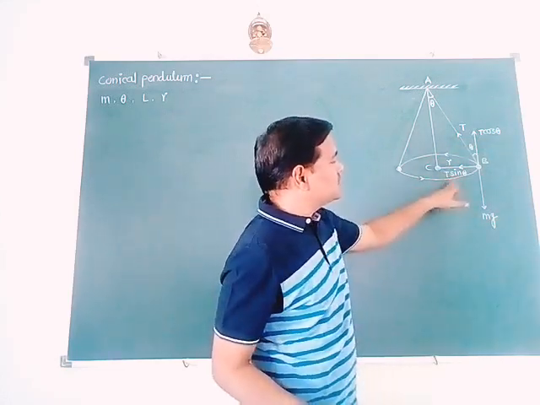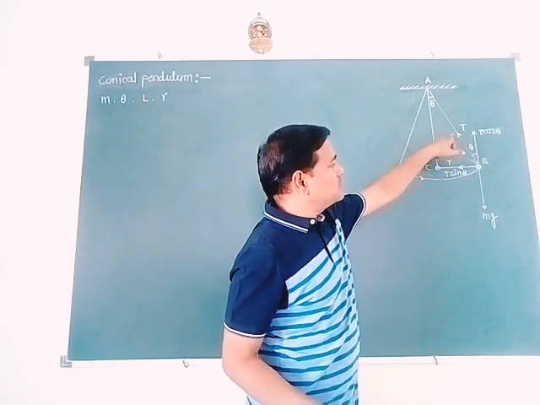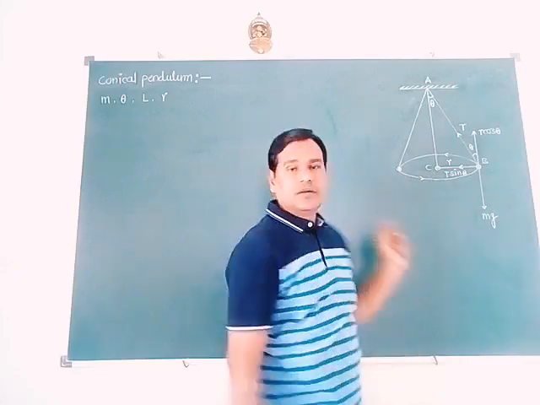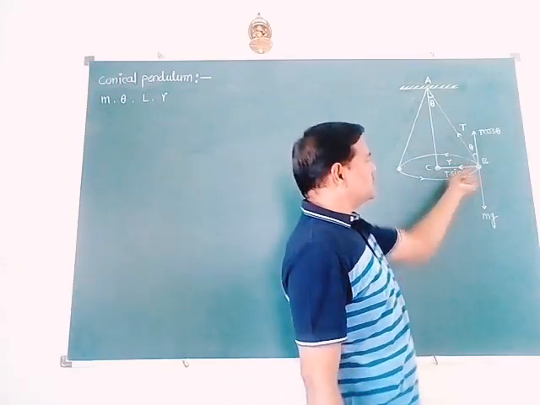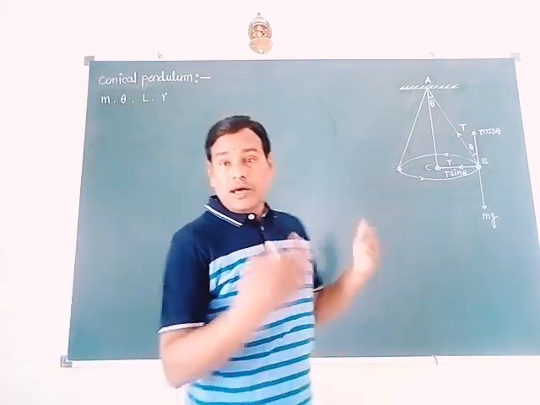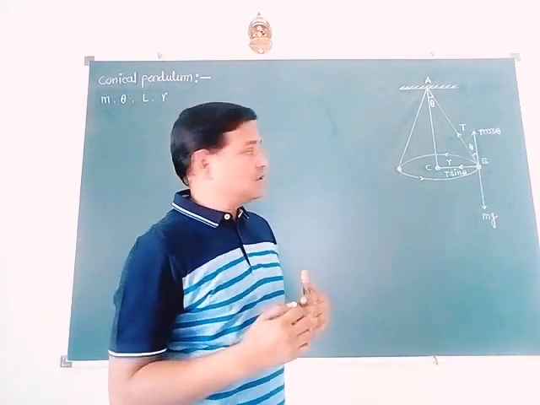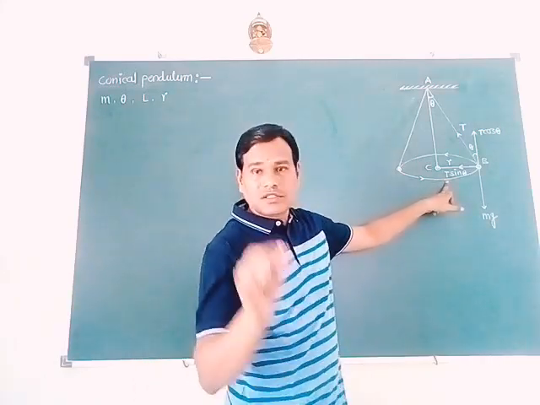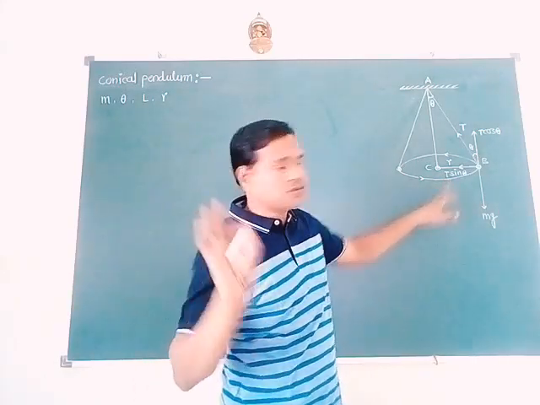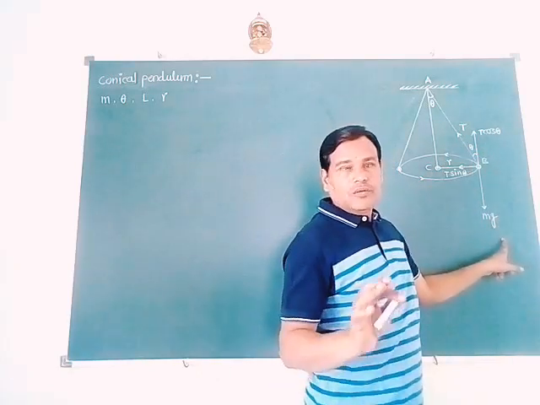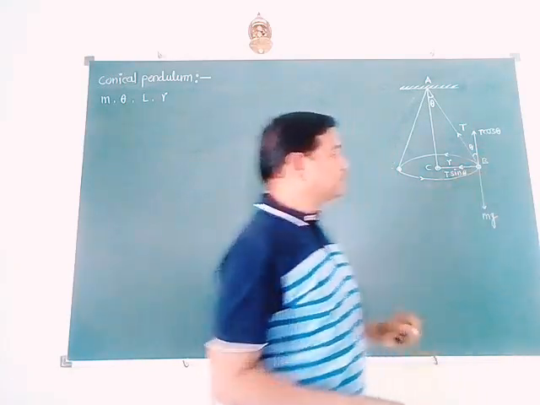The second is T sin theta, the component of tension along the radius and towards the center of that horizontal circle. We know the force acting on a particle performing circular motion along the radius and towards the center is called centripetal force, which means T sin theta provides the centripetal force and T cos theta balances the weight of the metal bob.